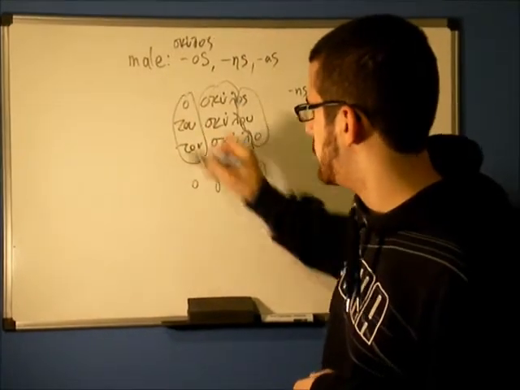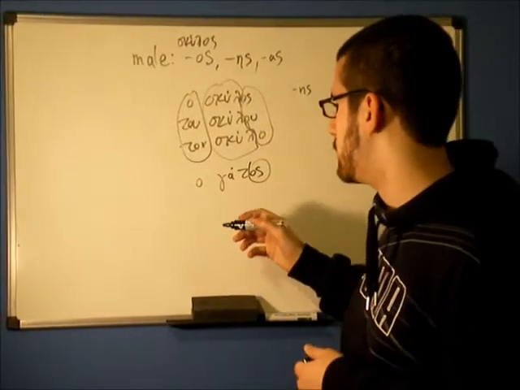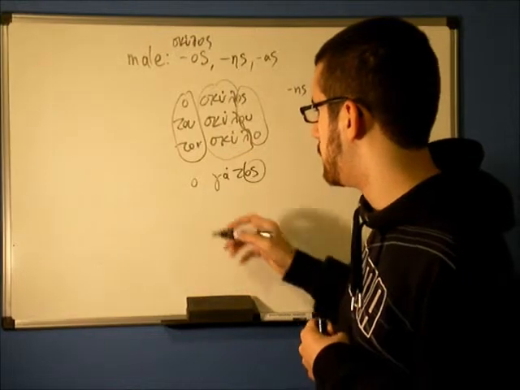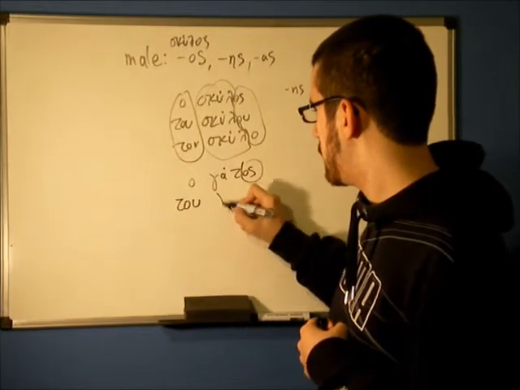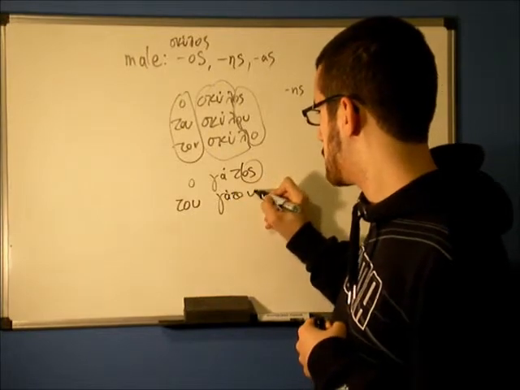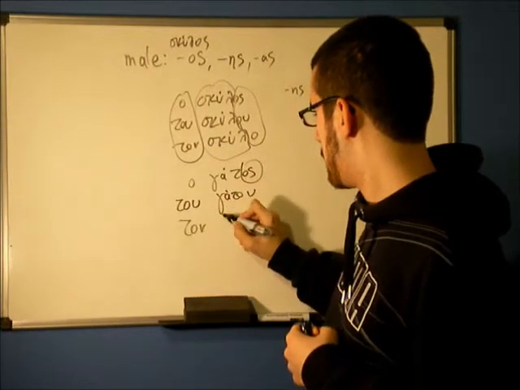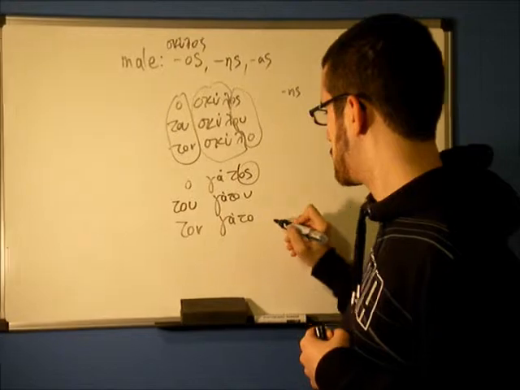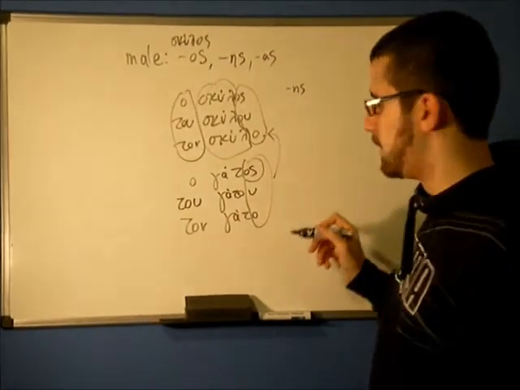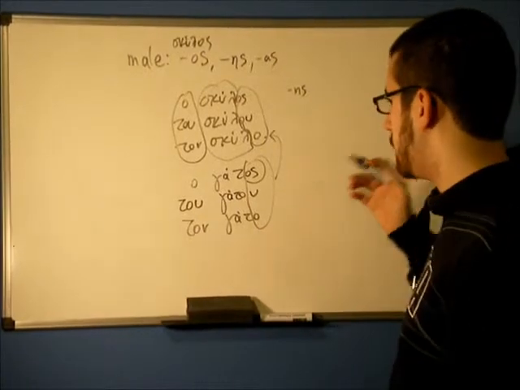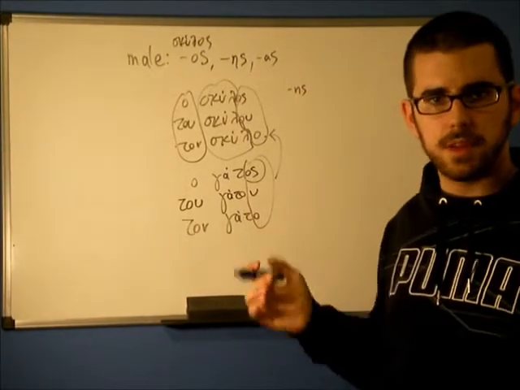It follows the same pattern. These never change. It's like the pronouns when it comes to the verbs. Now you just have the same thing for the nouns. Tu gato, ton gato. This is exactly the same thing as this. These are exactly the same suffixes, but there are still exceptions for that.